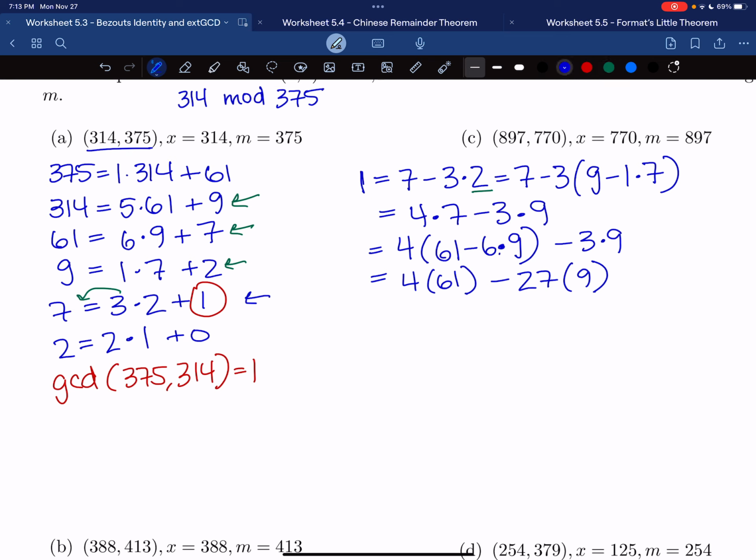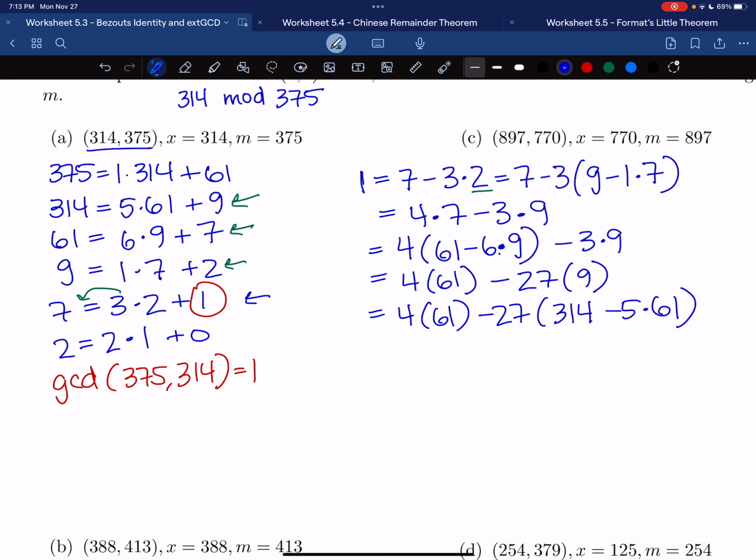I'm going to leave the 4 times 61. I'm going to say minus 27 times, instead of 9, I'm going to write 9 as 314 minus 5 times 61 from that last line that I pointed my green arrow to.